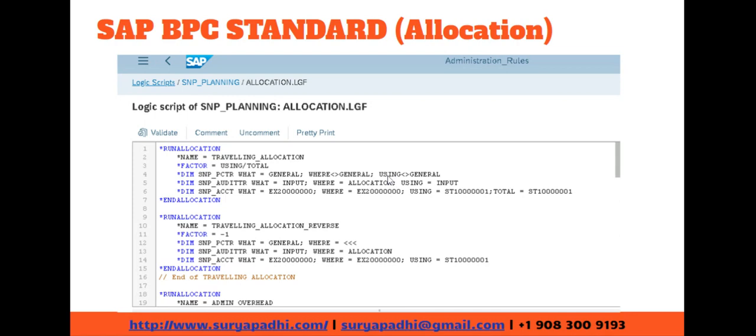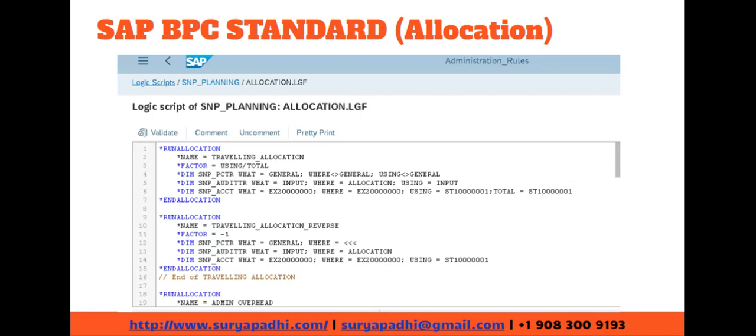Similarly, for each and every expense, you can write the loop, and in the default logic, when you submit the data, if the allocation LGF is included in the default logic, once you submit the data, the default logic will trigger the allocation logic, and the allocation logic will allocate the expenses on the fly.